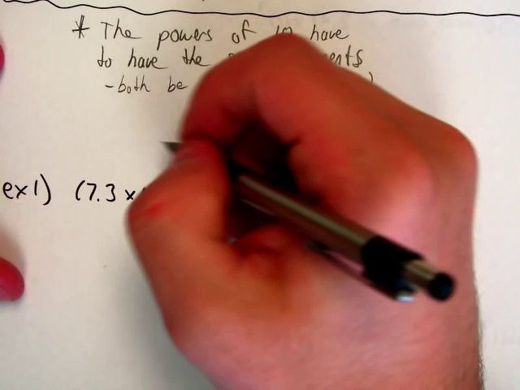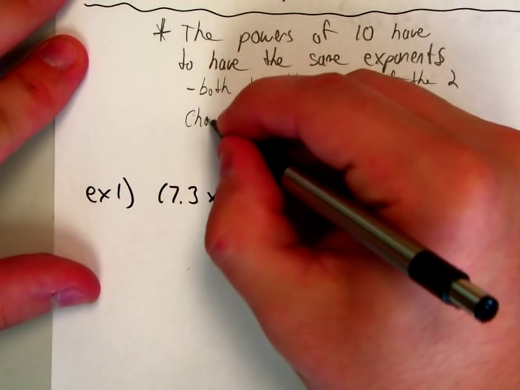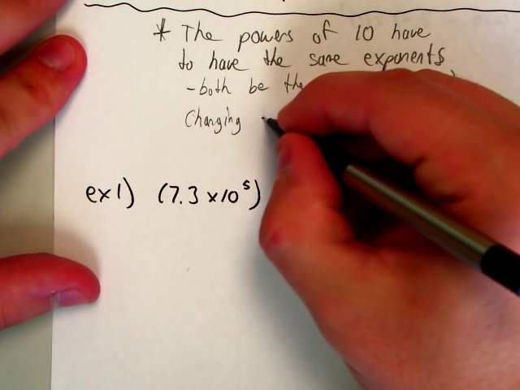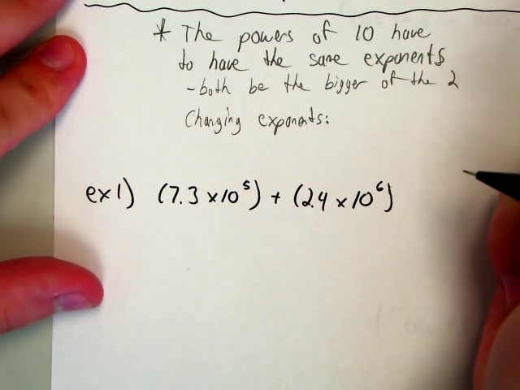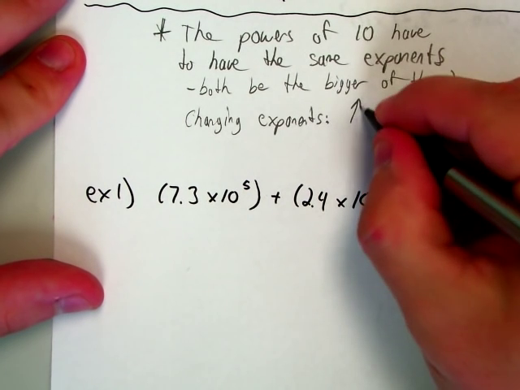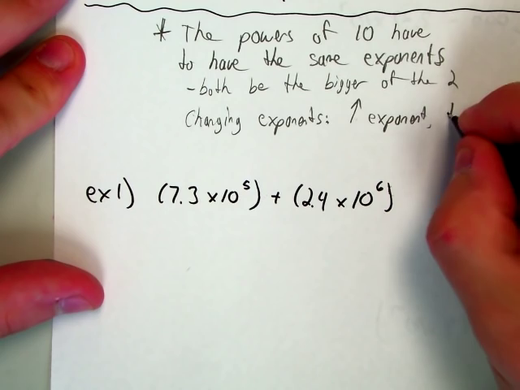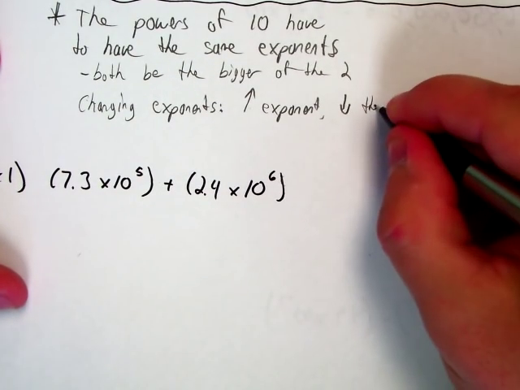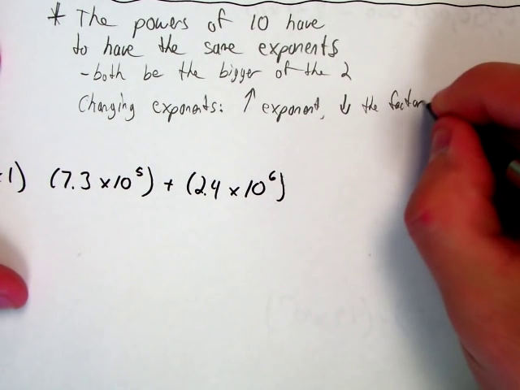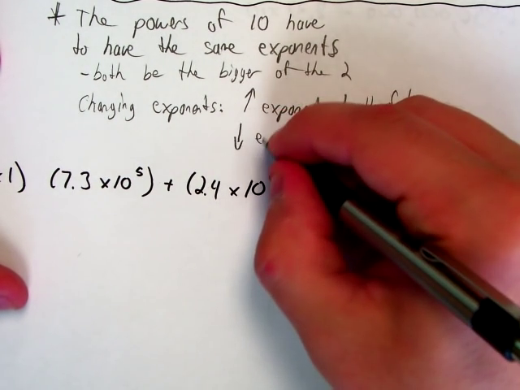So as we change the exponents, this is important here. Changing exponents. To increase the exponent, you decrease the factor out front. And the opposite would then also be true.